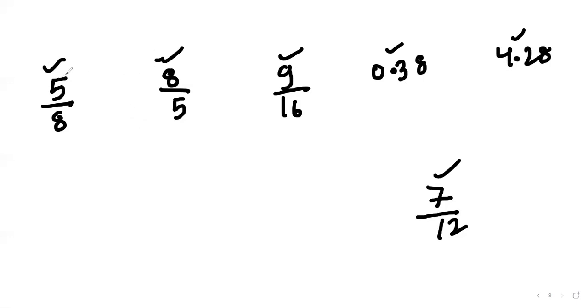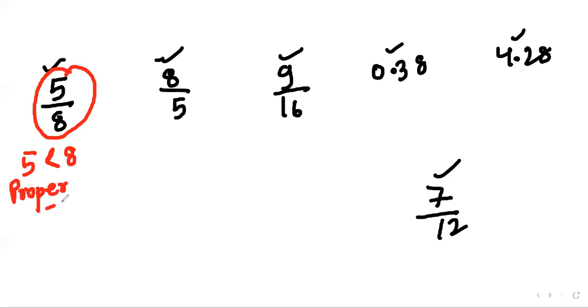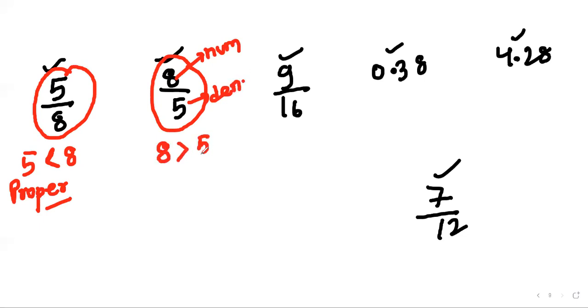The question is very simple. So let's see here. 5 over 8 is there. So the numerator is 5 and 8 is the denominator. So the numerator is lesser than the denominator. It means it is the case of a proper fraction, right? It is a proper fraction. Let's come to this one. It's 8 over 5. 8 at the top is the numerator and 5 at the bottom is the denominator, and here 8 is greater than 5.